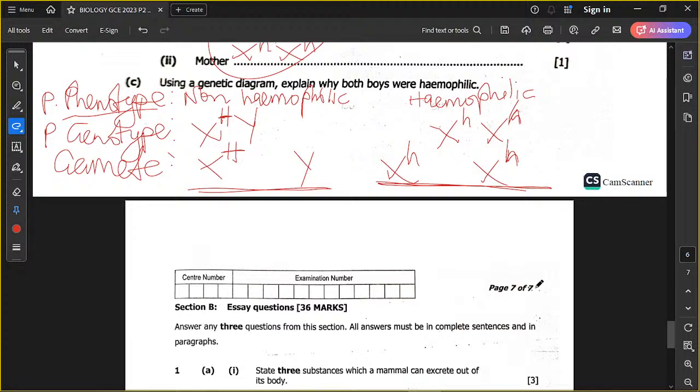This gamete will fertilize this egg. Let me reduce the size.